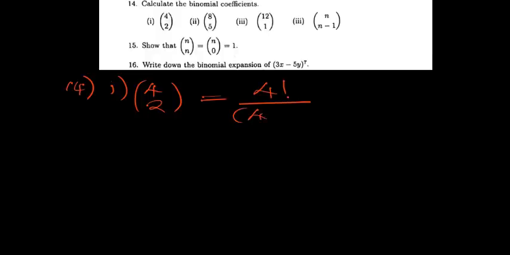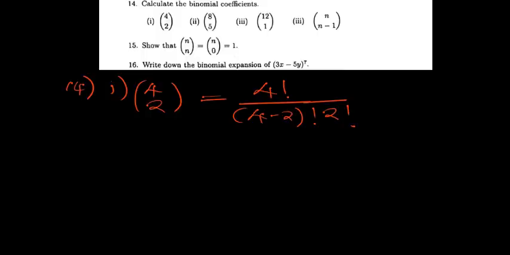So 4 choose 2 means 4 factorial over (4 minus 2) factorial times 2 factorial.